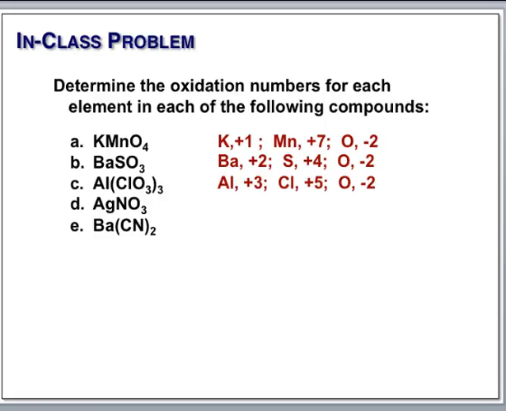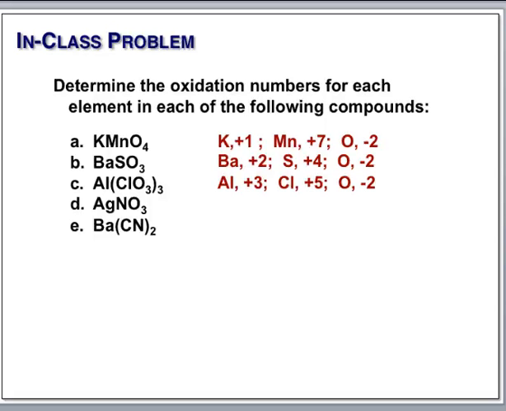Silver nitrate, we know silver is going to be +1 because it always is. Nitrate is -1. We have 6 negatives here, don't we? If we have 6 negatives, how many positives do we need so that we have 1 negative left over?